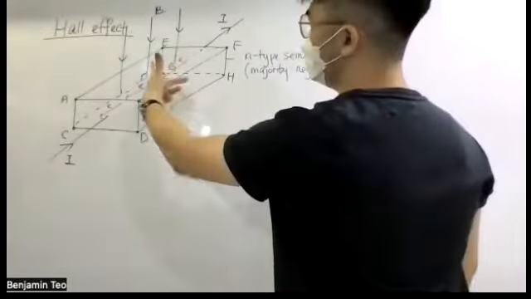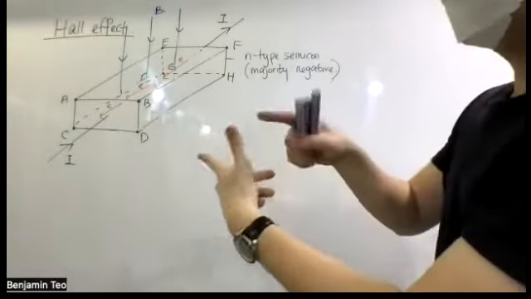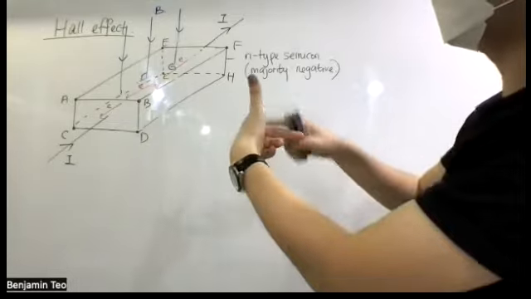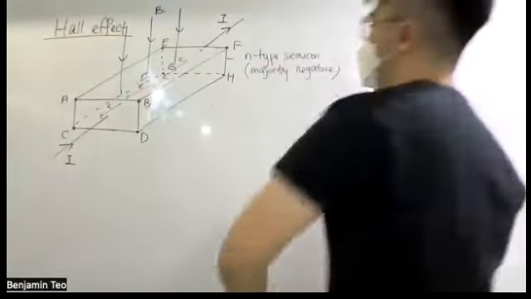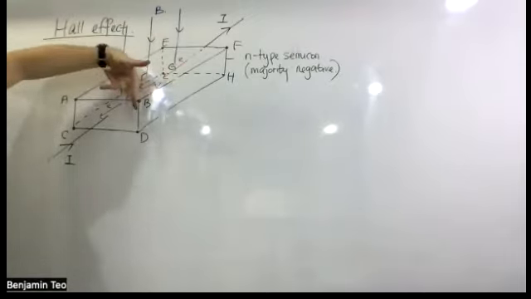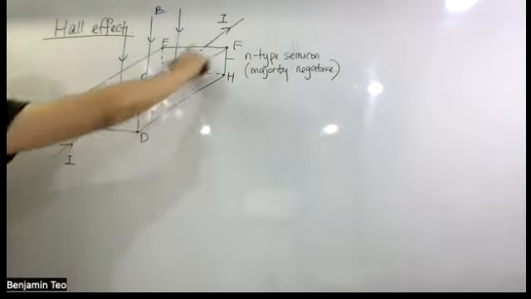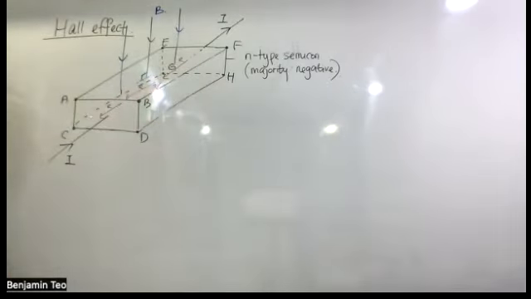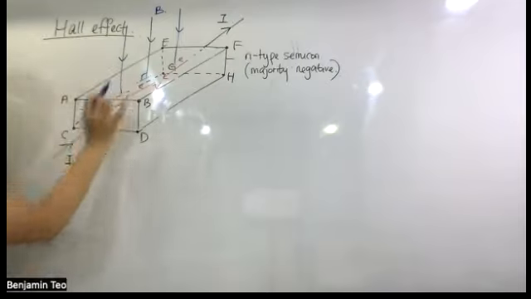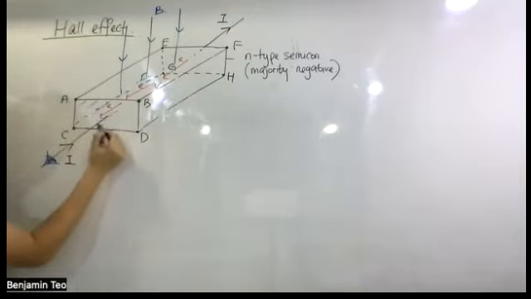Again, you have to think of 3 dimensions. This is our force, this is our field. So the index finger points down, and then your current, where is it pointing? Current is pointing to the back. The easiest way to think of this is, imagine I see from here. That means this is the side that I'm seeing.